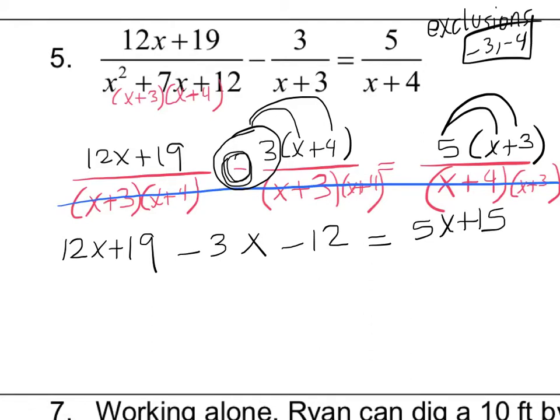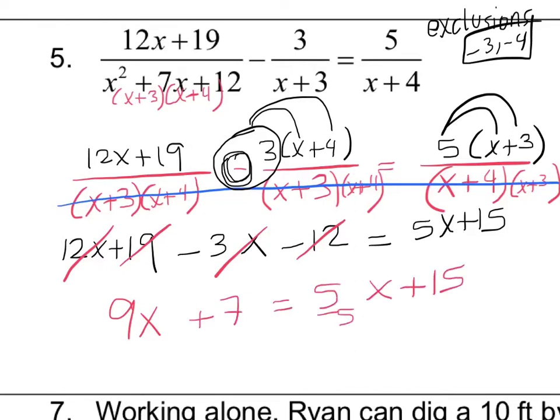Okay. Now, as you can see, there is no x squared. So to solve this, you need to isolate the x: x on one side and a number on the other. So 12x minus 3x would be 9x. 19 minus 12 would be 7.